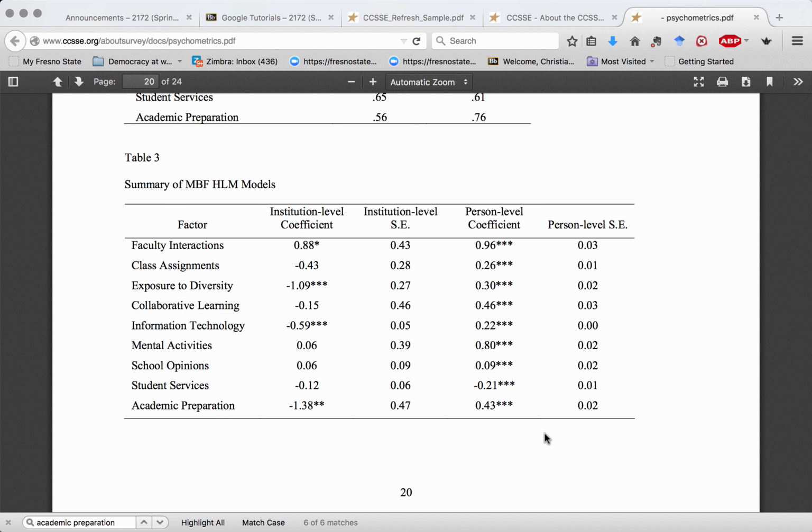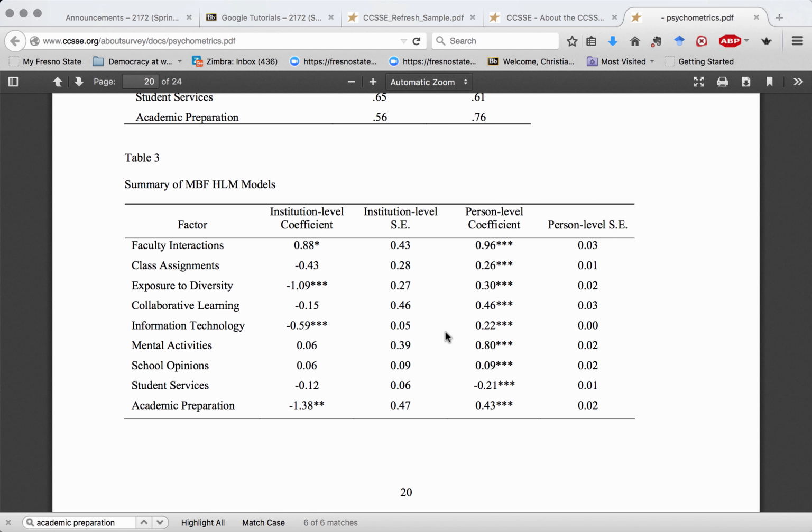And then for the validity, what they try to show is how these factors relate to the GPA. So they describe that they regressed GPA on these factors, and so we would assume a positive relationship between these factors and GPA, and that's what they show here.